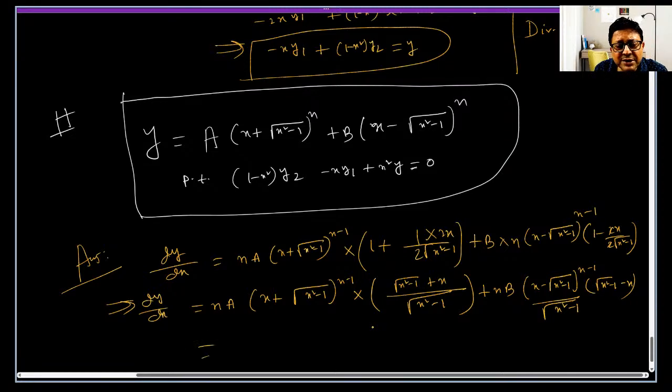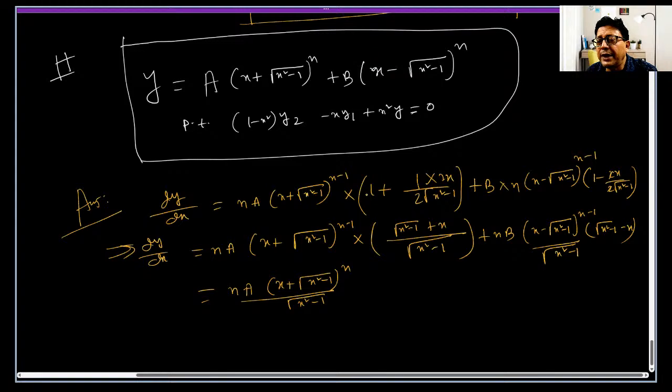Now these two things can be multiplied in the numerator. This is going to be x square minus 1 to the power n by root x square minus 1, and here you take the minus sign common, nb and then multiply to the power n, and this by root over x square minus 1.